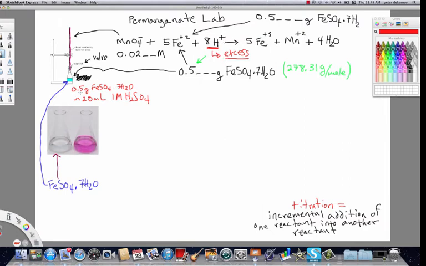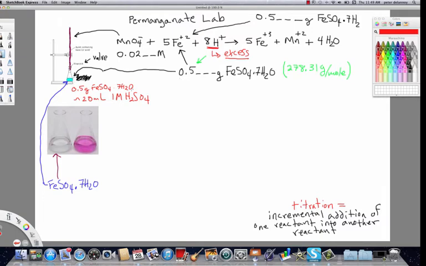So what the student's going to do to set up this reaction is carefully weigh out on an analytical scale 0.5 gram of the iron 2 sulfate. They're going to do that to 4 decimal places, so they're going to know the mass very precisely. That's going to be analytically transferred into the collection flask.